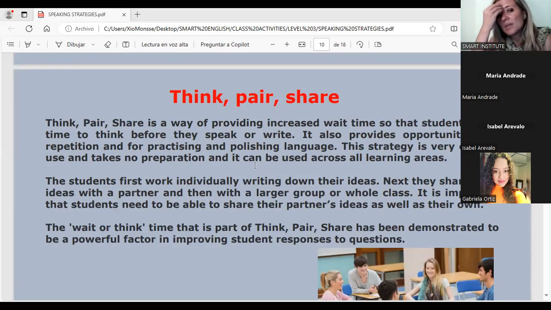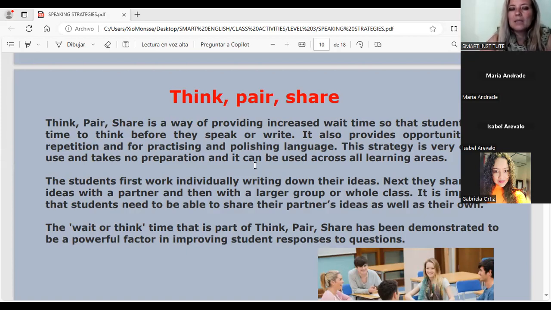What do you think about this? Think, pair, and share. This is something that I do in my classes. For example, if I provide my students five or six questions, right? They first write their ideas, answer my questions, and then I have them practice. I have them speak.